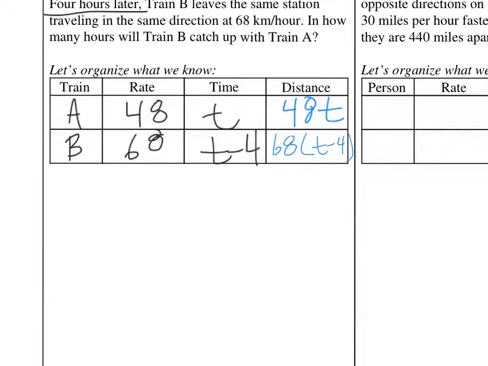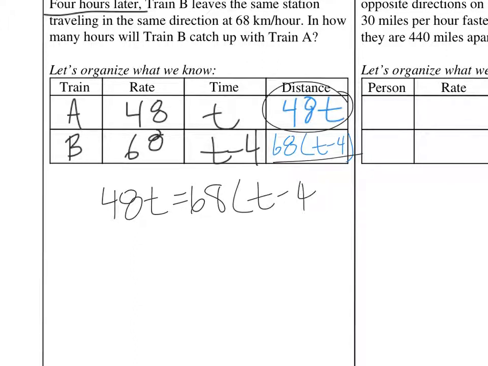So what I'm going to do is set this expression, 48t, equal to 68 times t minus 4 and solve for t. So I have 48t equals 68t minus 4 times 68 is 272.